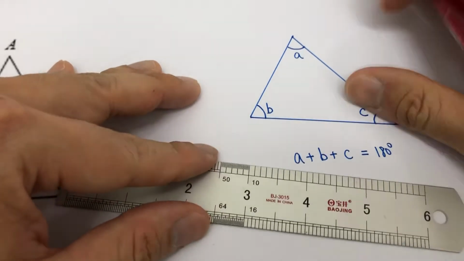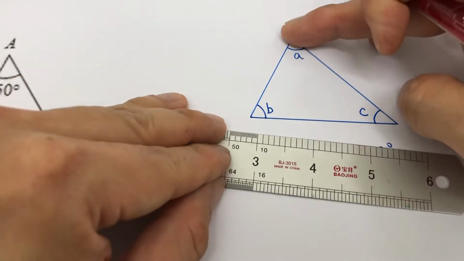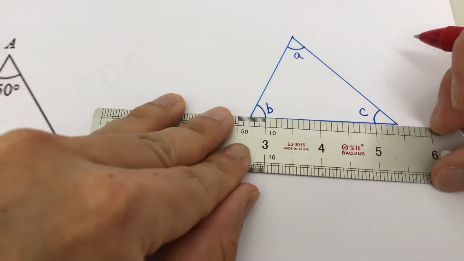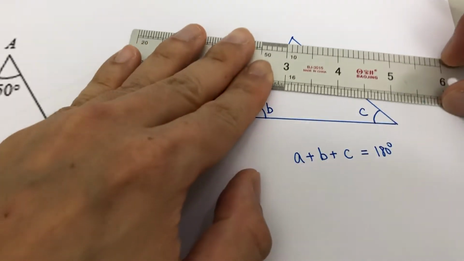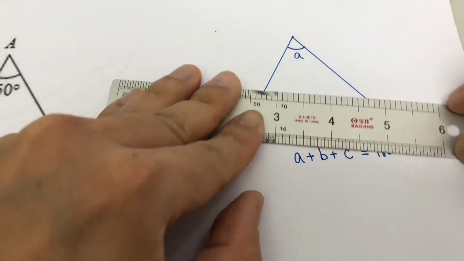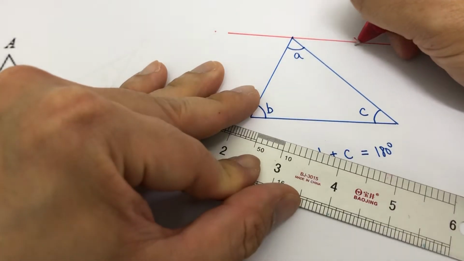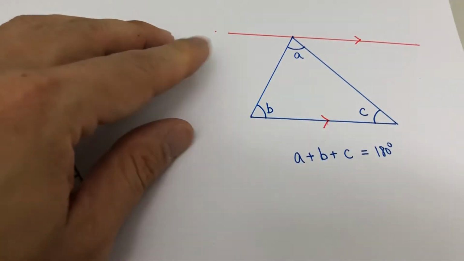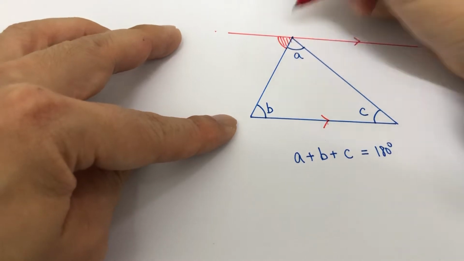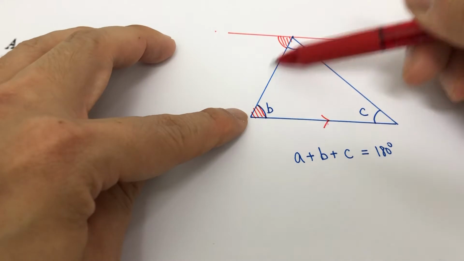It says that for a triangle, if you add a line on the vertex which is parallel to the base, then this angle and this angle, do you remember these two angles? How do we call them?